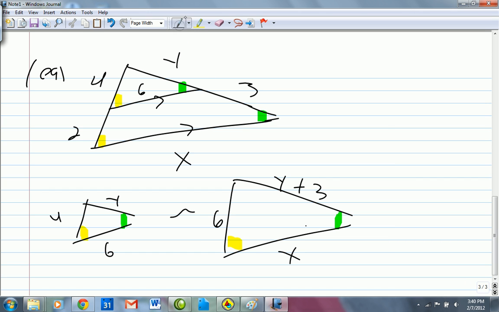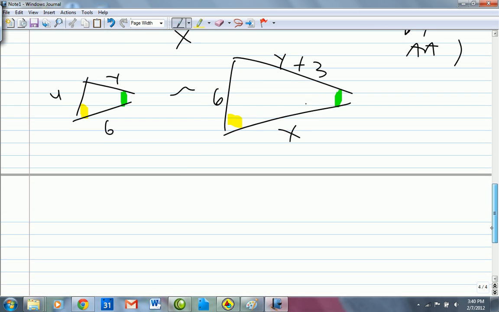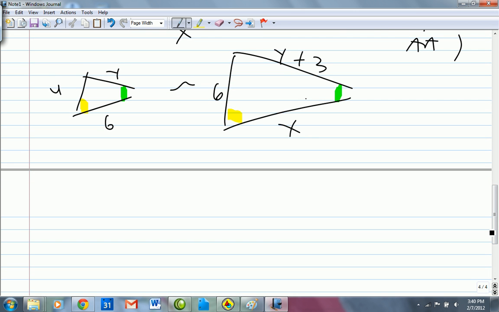They're similar by angle-angle. Since they're similar by angle-angle, their corresponding sides have to be proportional. So I can go ahead and find the missing sides. They share 2, and if they share 2, they have to share 3 pairs of congruent angles.